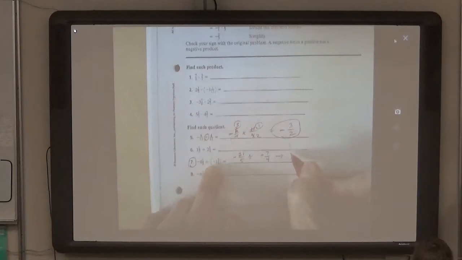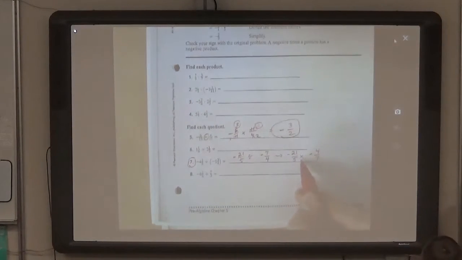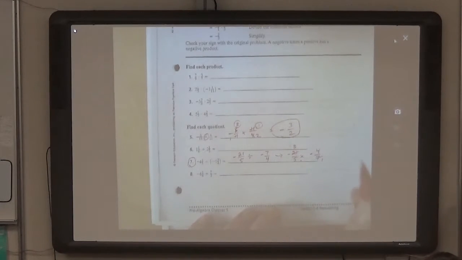Negative 21 over 5 times negative 4 over 7. Once it's in multiplication, I can reduce and I can factor out the common factors. Just treat them like positives when you're factoring out. So just change the numbers to 3 and 1.